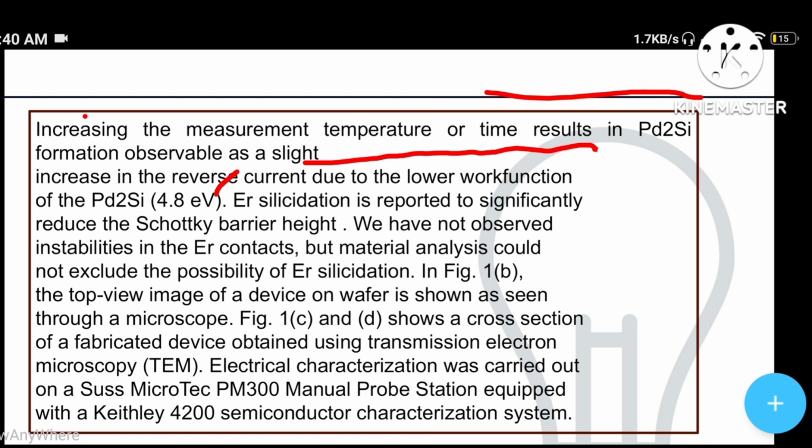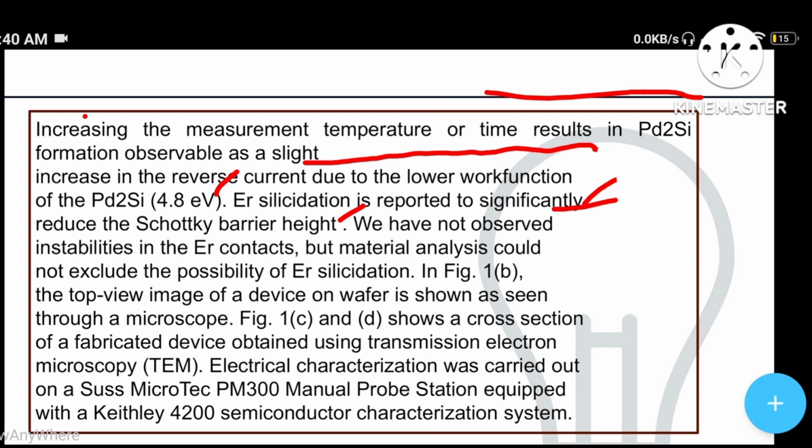Siliconation is reported to significantly reduce the Schottky barrier height. We have not observed instabilities in the Er contacts, but material analysis could not exclude the possibility of Er siliconation.